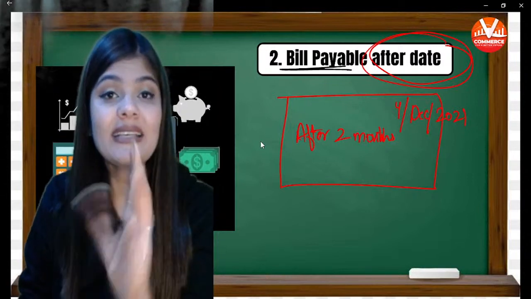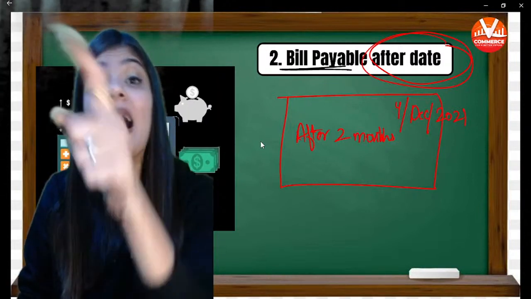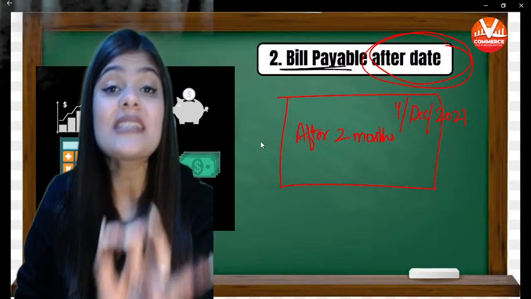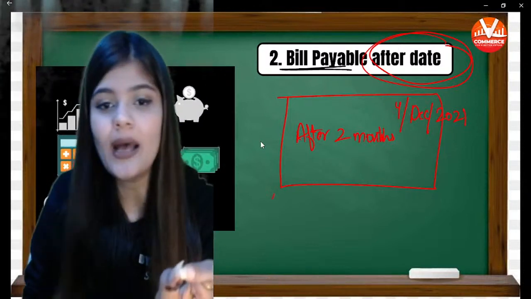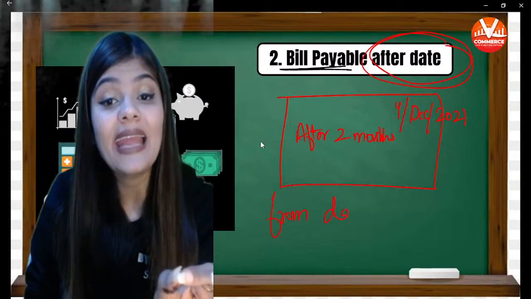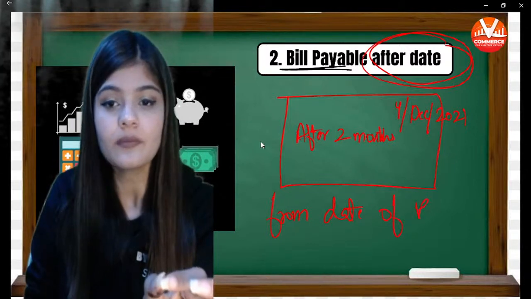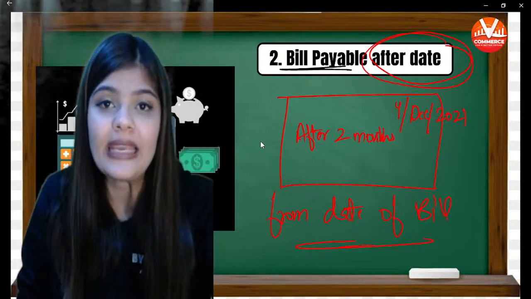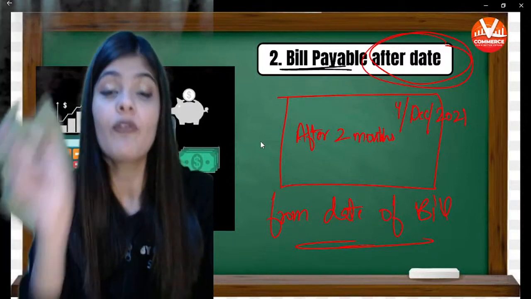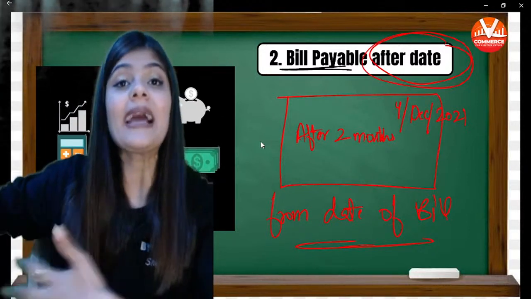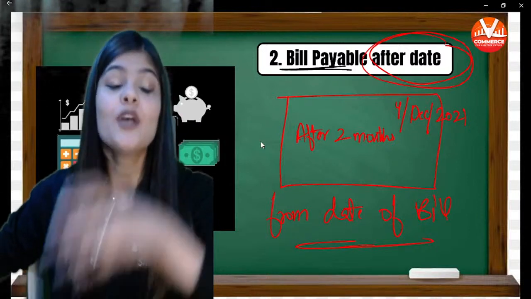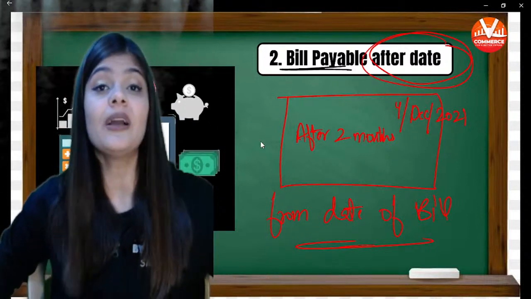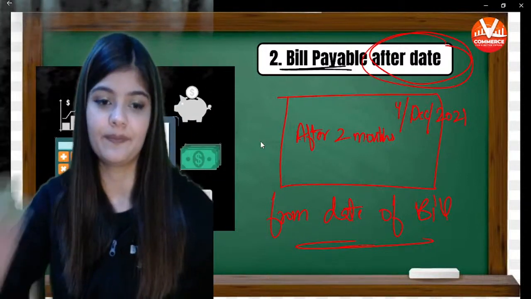So in this case, in bill payable after date, you will start calculating 2 months from the date of bill. हम ये जो 2 महीने हैं वो कहाँ से स्टार्ट करेंगे? From the date of bill. From 4th December, you will start calculating 2 months. So this is bill payable after date.